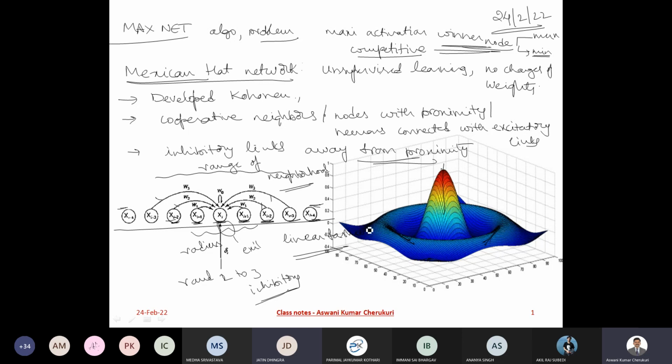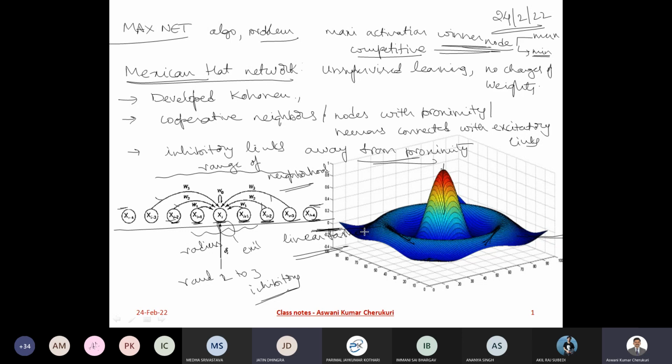And then it flattens because it is 0 once you cross the radius; your neighborhood is 0, and hence no connections. So the structure looks like a hat, which is called a Mexican hat, and that's the reason why the network is named after that particular architecture. Are you able to follow?